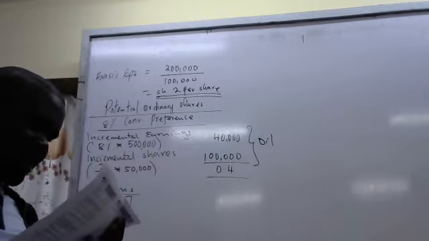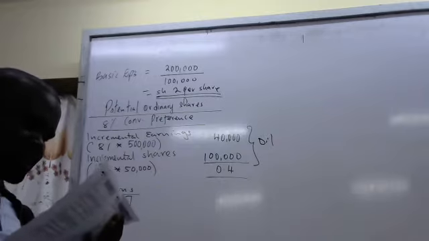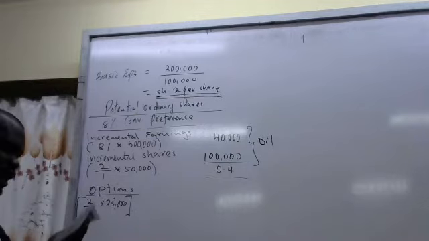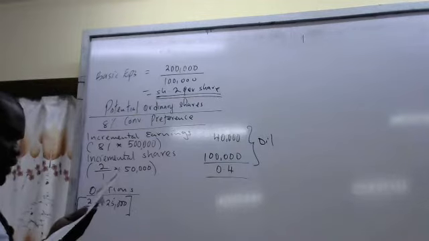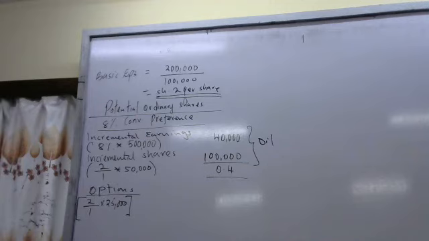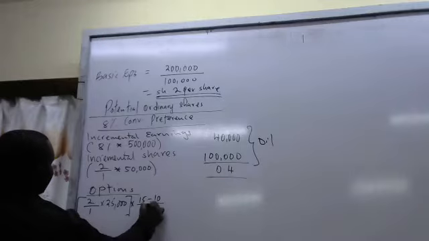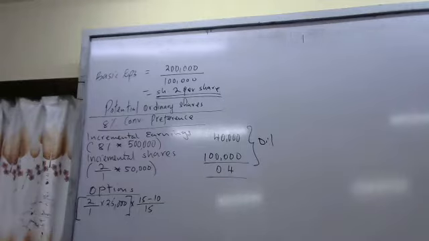One share option entitles the holder to purchase 2 ordinary shares at what price? Shillings 10. The market value of the shares of the company was how much? 15. So incremental will be 15 minus 10, divided by 15. Incremental is the difference between the exercise price and the market price.